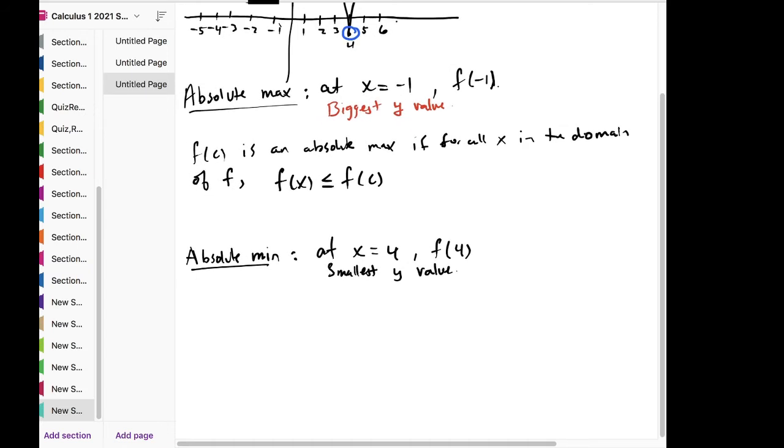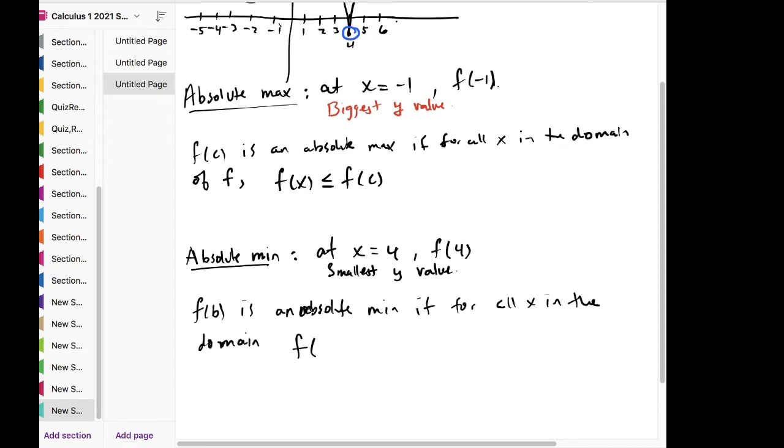Similarly, the math definition for absolute min is that f of b is an absolute min if for all x in the domain, f of x is greater than or equal to f of b.